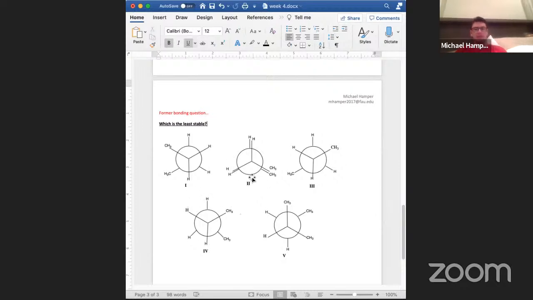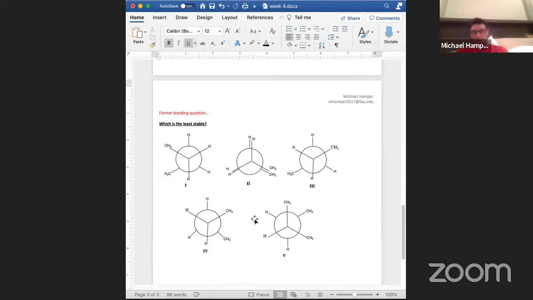Sometimes it's not necessarily the atom, but the group. So carbon, although carbon is smaller than a nitrogen, if it's a methyl, it takes up more space, right? So when we're talking about stability in a Newman, it's all about whatever takes up more space.